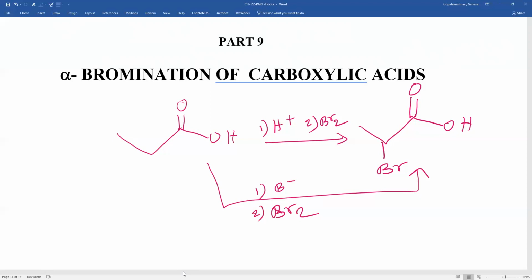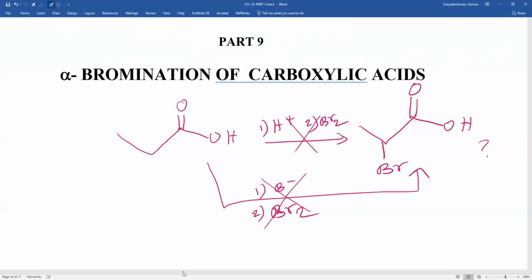But in this case, this method fails. We cannot alkylate the carboxylic acid, or we cannot brominate the carboxylic acid. But we have to do it. Why?